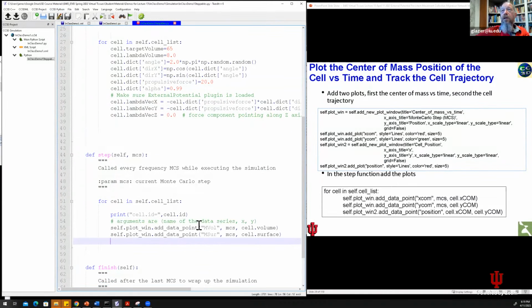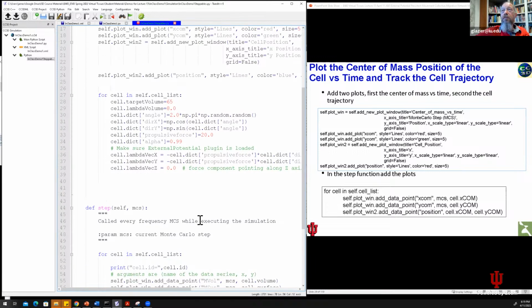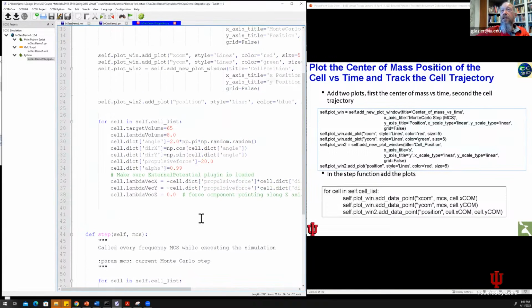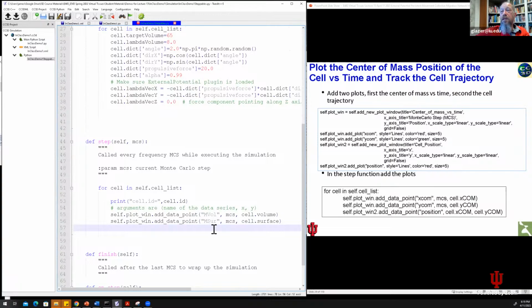For plot win one, I have to remember what I typed. The name of this was XCOM. And now I have to remember it's cell.XCOM, the center of mass in the X direction. YCOM, cell.YCOM.